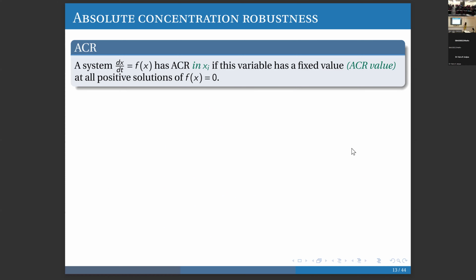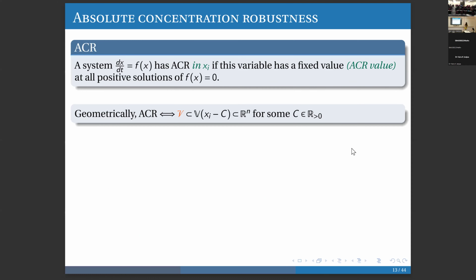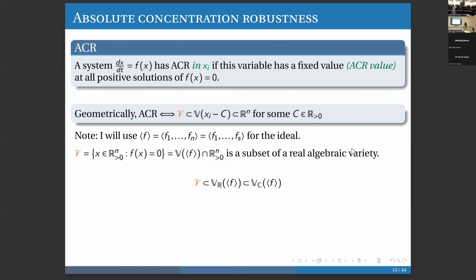I wrote it again. Geometrically, if the system has ACR, it means the positive steady state variety is contained in a hyperplane that is parallel to a coordinate plane. That's what it means. It's restricted to a hyperplane. I will use this notation, so I will write F for the ideal generated by the Fs, or maybe by enough Fs if I remove linearly dependent ones.